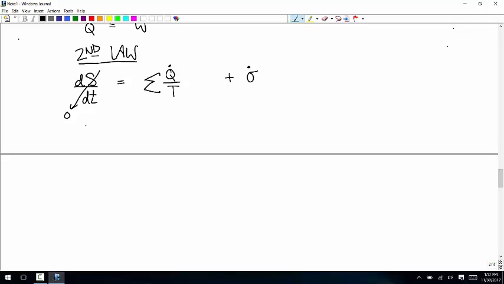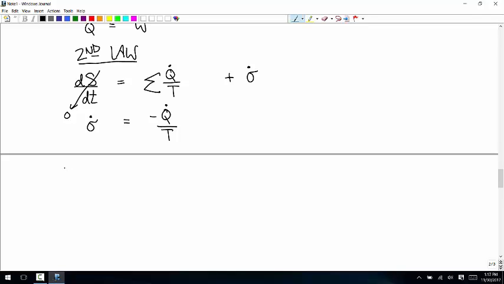Okay, so sigma dot is equal to negative rate of heat divided by the temperature. So now we have to figure out what that rate of heat transfer is.